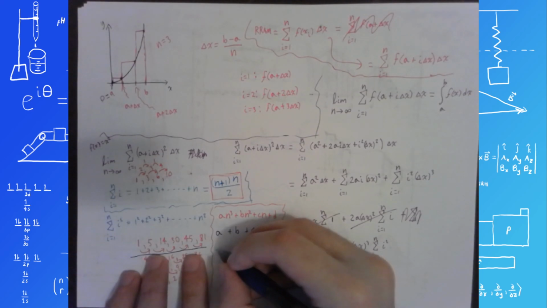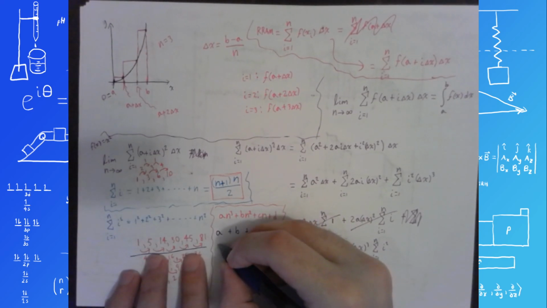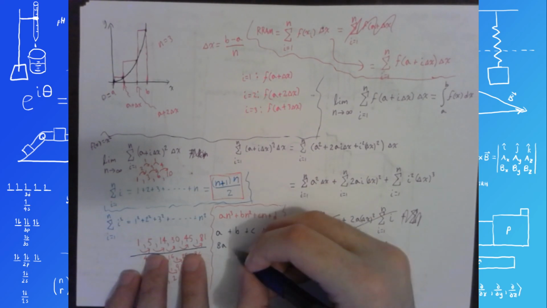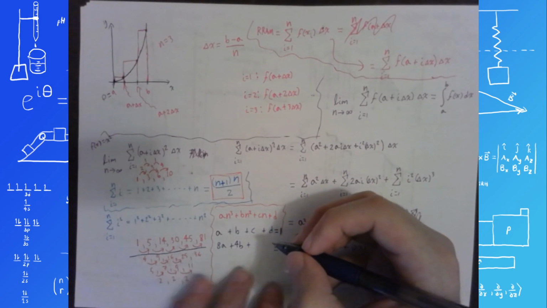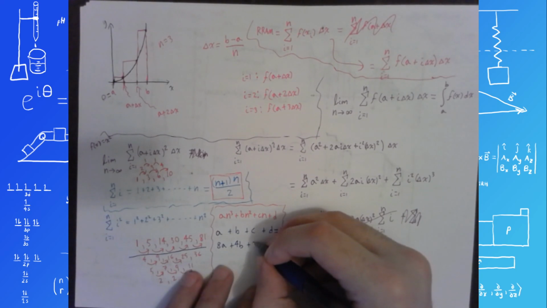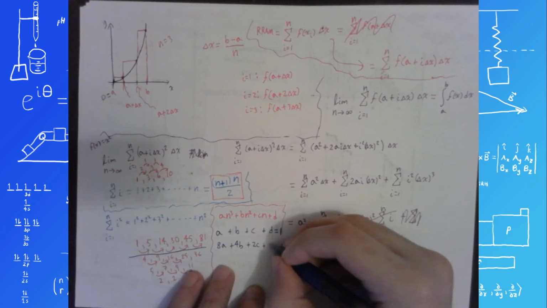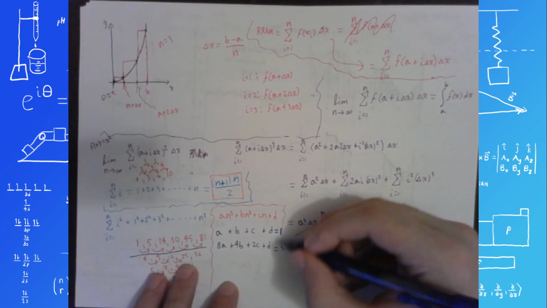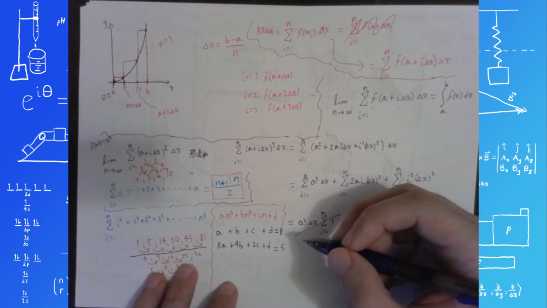When n equals 2, we get a times 2 cubed, so that's 8a, plus b times 2 squared, so that's 4b, plus c times 2, so that's 2c, plus d equals 5, and I can go ahead and subtract these two equations to eliminate d.